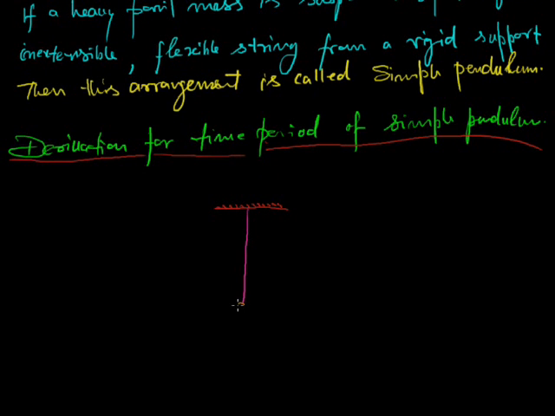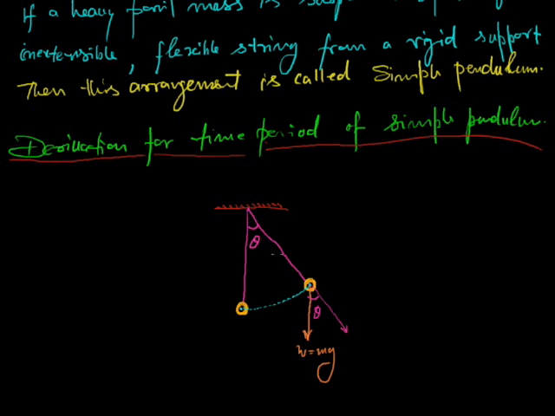This is the point mass. The weight of the body is always towards the center of the earth, W is equal to mg, and this angle is theta, and this also will be equal to theta.